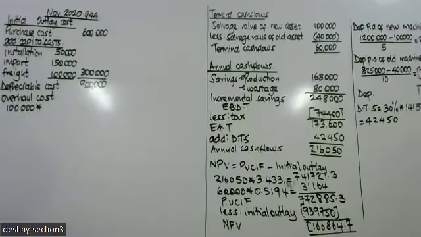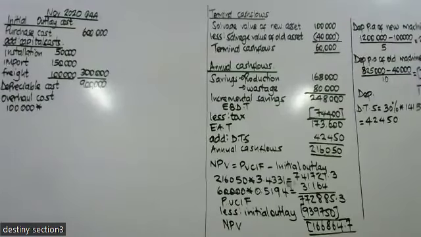You're discounting the overhaul cost of the third year. It's a single amount, not an annuity, because it is not incurred per annum. It's only incurred once in that third year, so it is a single amount or lump sum.